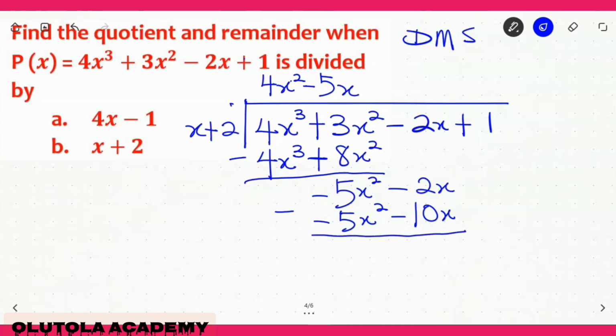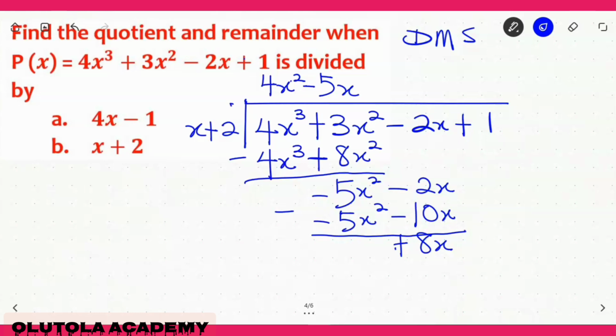So when I do that, this is negative, this is also negative, so negative 2x minus another negative 10x will give us a positive 8x, positive 8x.